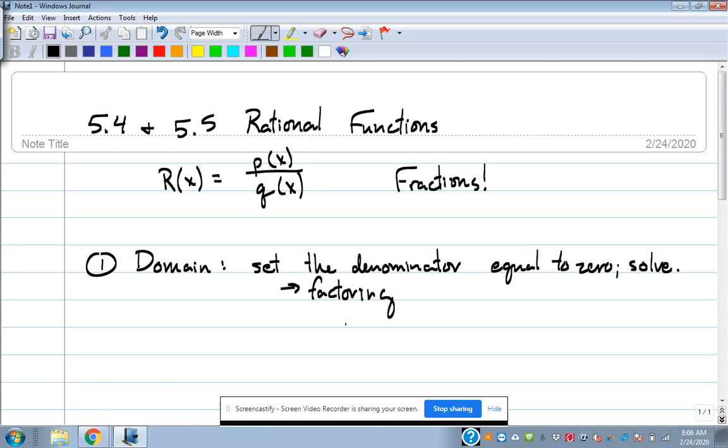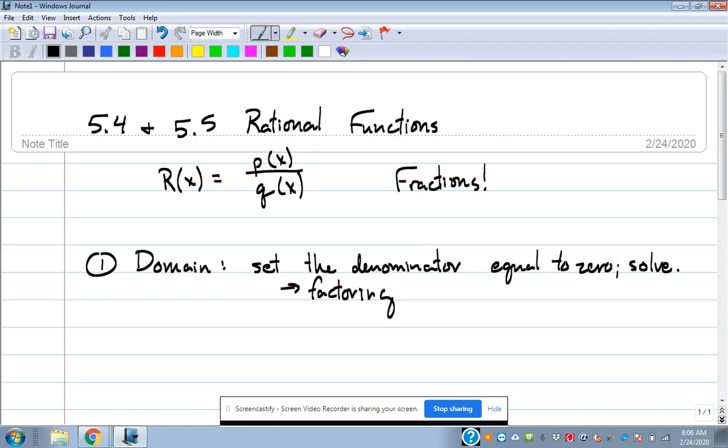Try to use factoring to solve instead of other methods. If you can't factor it, then resort to the other methods, because there are going to be questions on quizzes and tests and the final exam that ask you just to find the domain. If all you have to do is find the domain, then yeah, you can use the other methods.